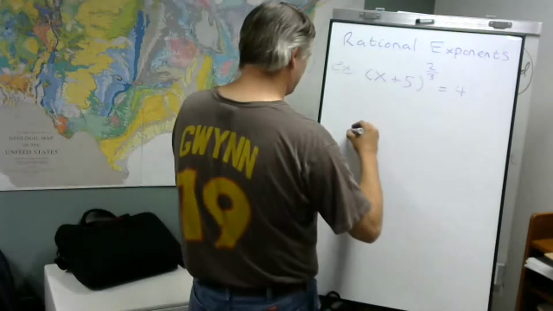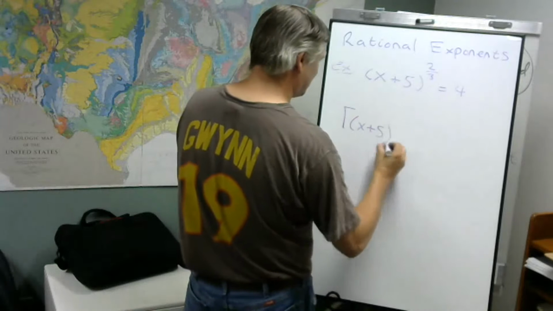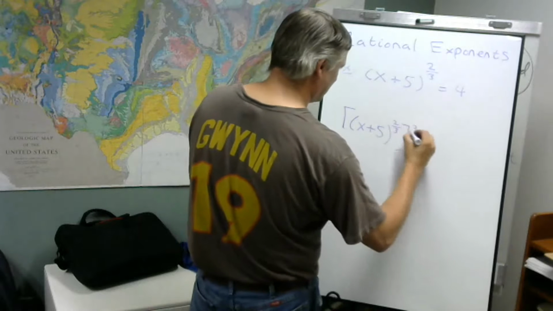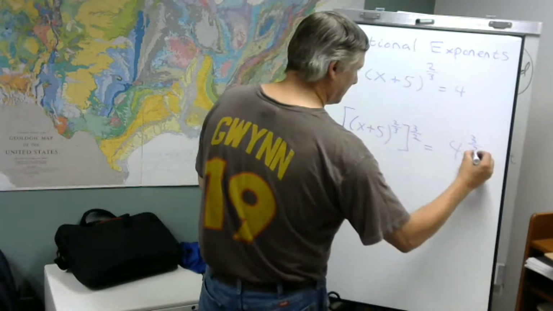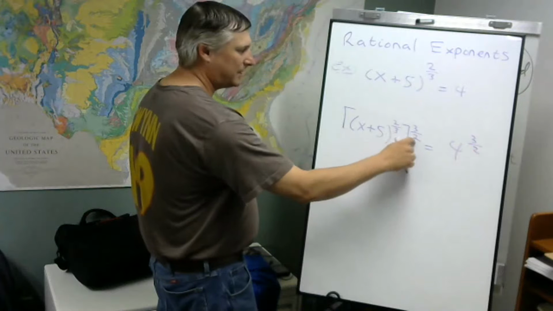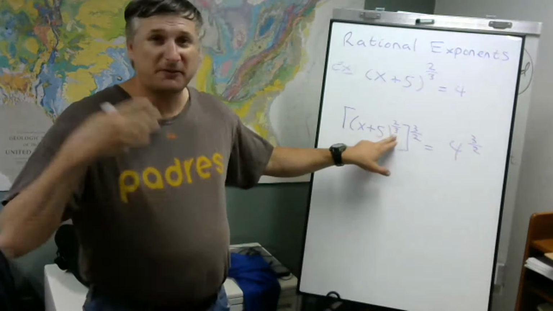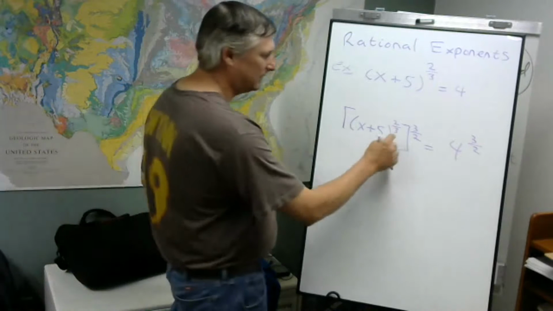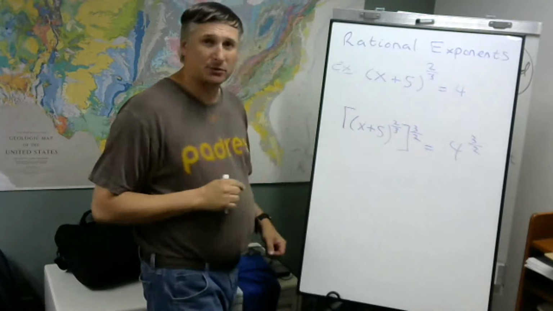So we're going to get this. So when we give an exponent that's a reciprocal, or the flip of the exponent that's already there, the exponent and its flip, they're going to cancel.